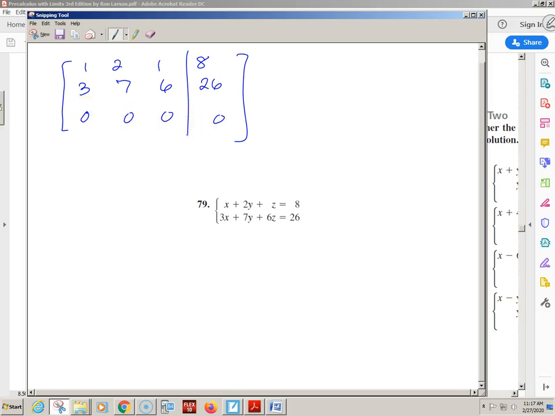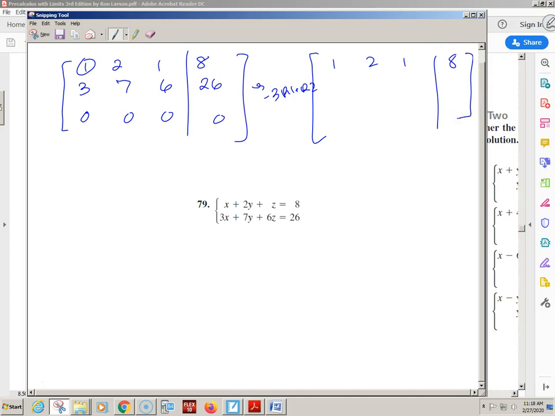If we were doing our Gauss-Jordan, that means we're getting the 1s and getting the 0s. Remember, we would have to go ahead and get rid of the negative, well, the 3 with the negative 3. That guy's good as he is.